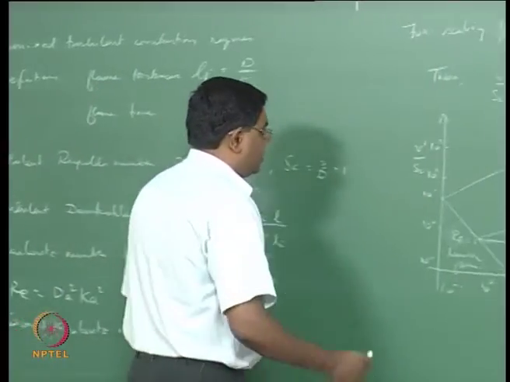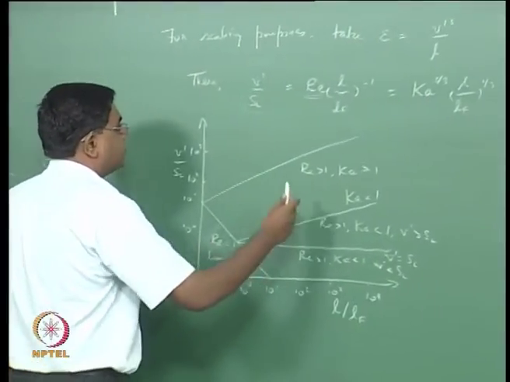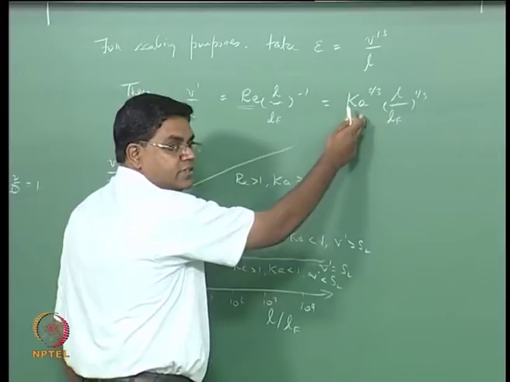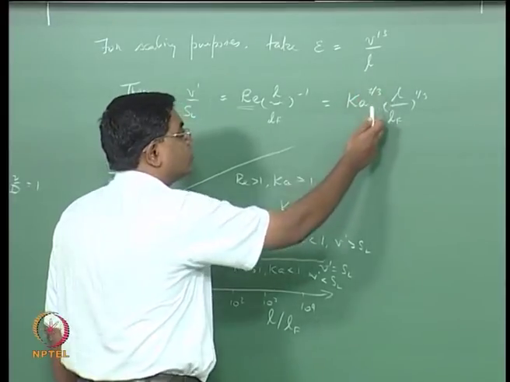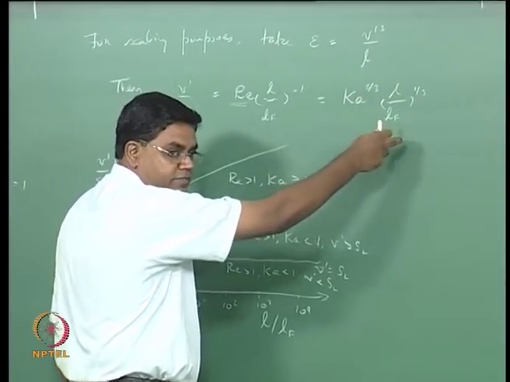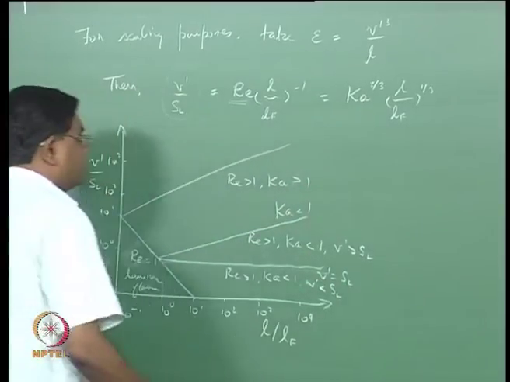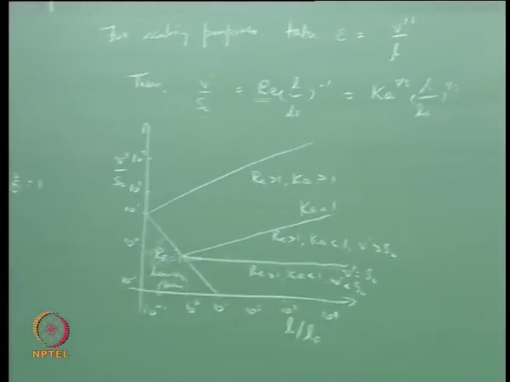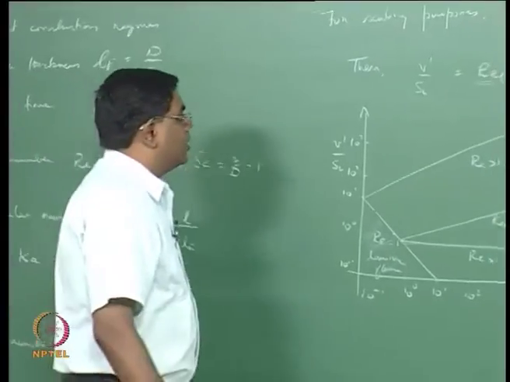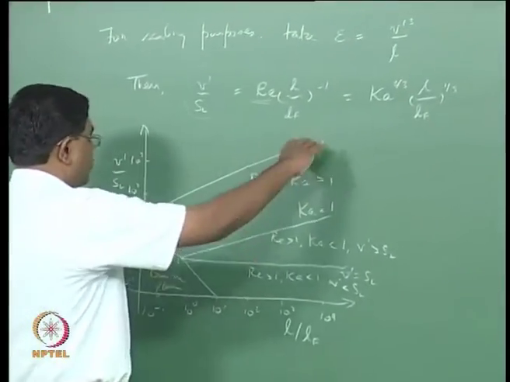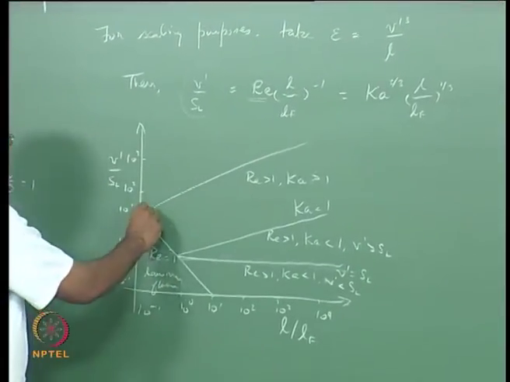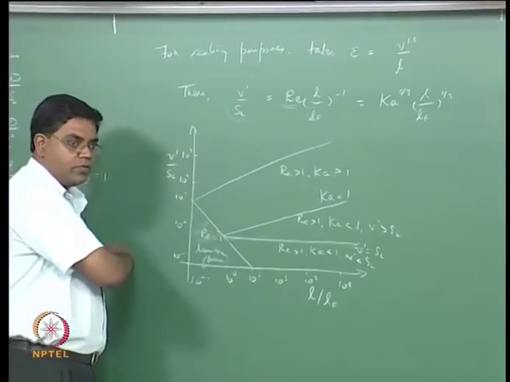So V prime over SL in terms of Ka delta is also going to have a 1/3 relationship with L over LF, with simply a different coefficient, delta squared. Therefore you have the same slope, but it starts at around 10 because we are looking at a Zeldovich number of 10.